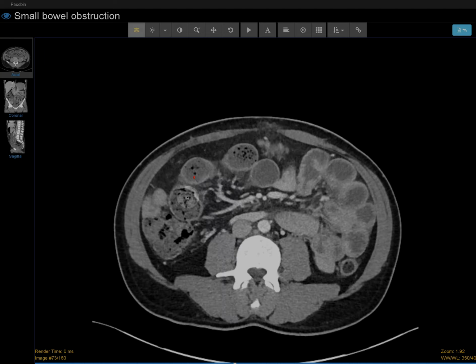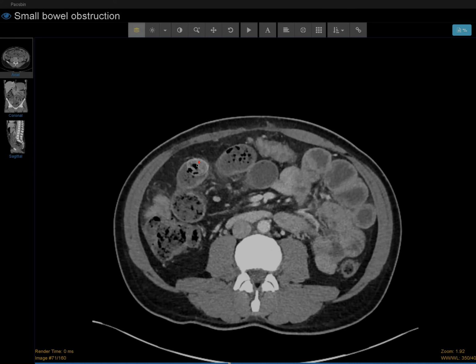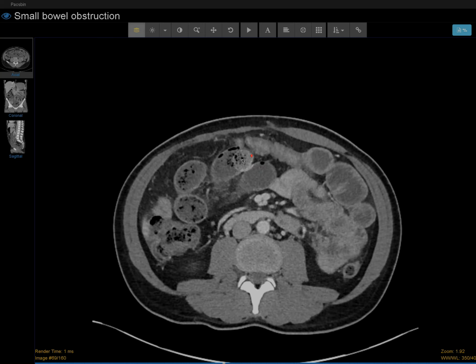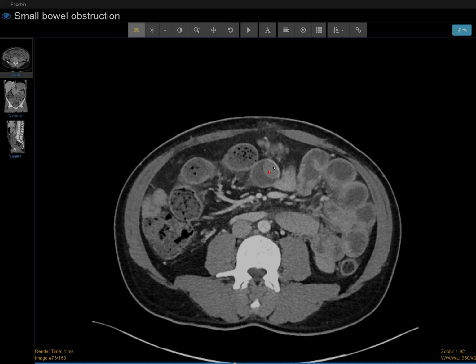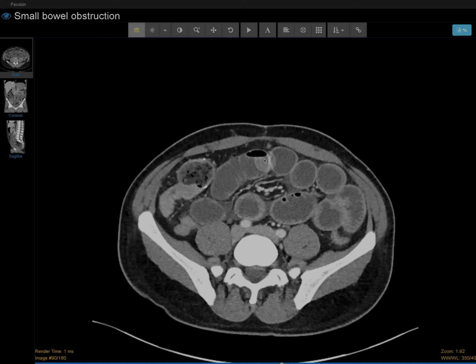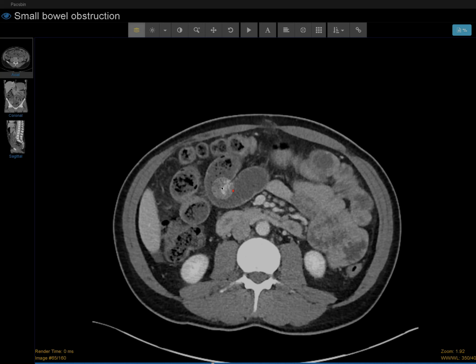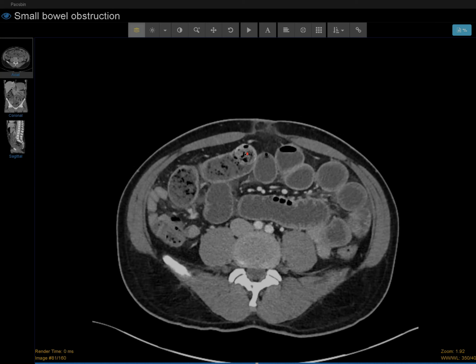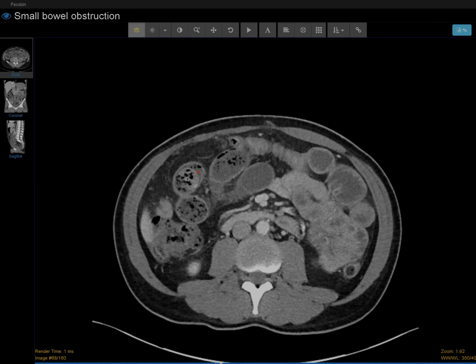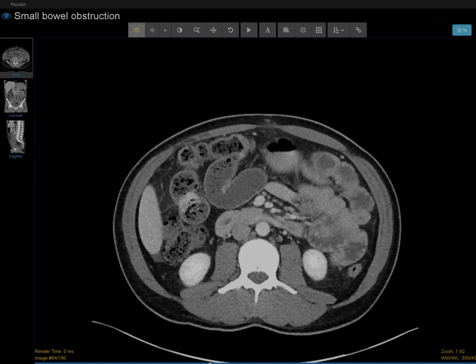So let me just try to follow it. I'm following it more proximally here and see proximally there's no fecalization, so it's just fluid. But as I go down more distally, you do see fecalization, and that could indicate that we're coming close to the point of obstruction.